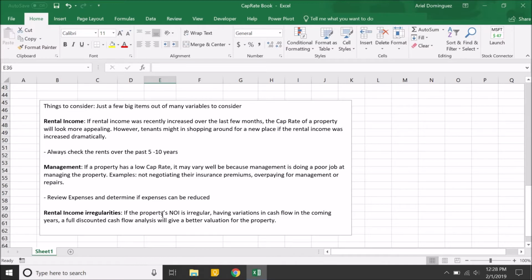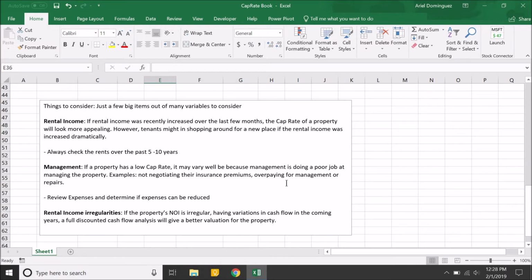But if that rent was increased not too long ago, maybe some of the tenants are shopping around, they're looking for a new place, and what could end up is you buy the property thinking you'll be receiving these rents, and then you have your tenants leaving.